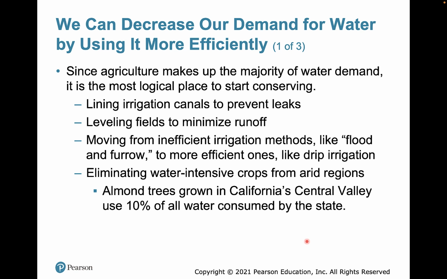You can move to more efficient methods of irrigation, like drip irrigation, so you can reduce the amount of water that gets lost. And this one makes the most sense. Eliminate water-intensive crops from arid regions. This makes me crazy. Almond trees, okay? Almonds use 10% of the water used in the entire state of California.